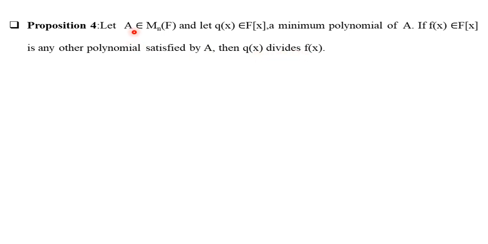Students, here A is an n by n square matrix with elements from the field F. Here q of x is the minimum polynomial of A, so q of A is 0. f of x is any other polynomial satisfied by A means f of A is also 0. We have to prove q of x divides f of x.